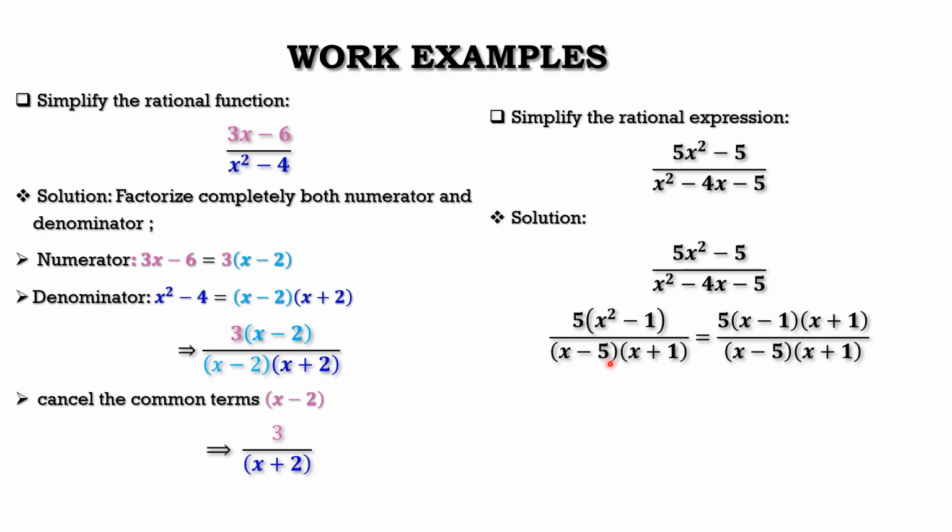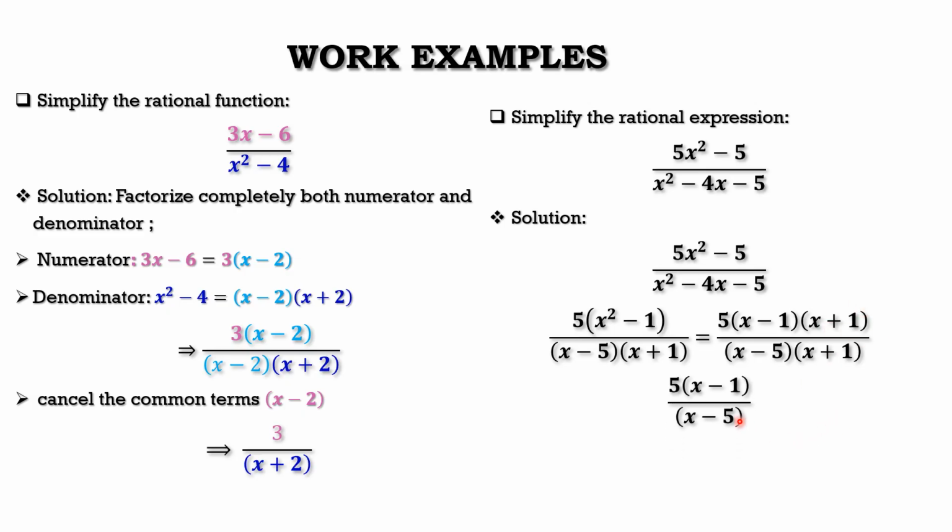So when you look at them, what are the common factors between these two expressions, one being the numerator and the other being the denominator? Here x plus 1 is the common factor, so we can cancel out x plus 1.